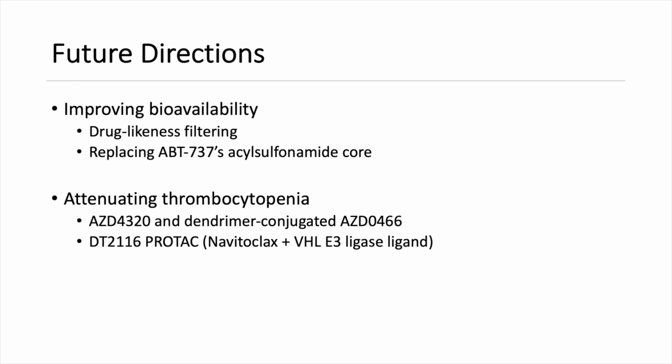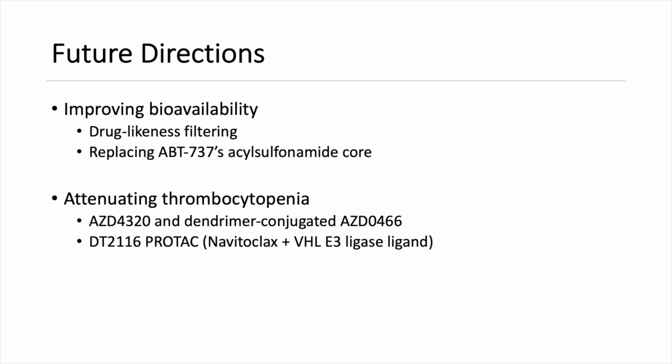Additionally, Kahn and colleagues recently described the development of DT2116, a proteolysis targeting chimera, or PROTAC, involving navitoclax linked to an E3 ligase ligand, thereby marking Bcl-xL for VHL-mediated proteolytic degradation. Since minimal VHL is expressed in platelets, the DT2116 PROTAC strategy protects against platelet cell death.